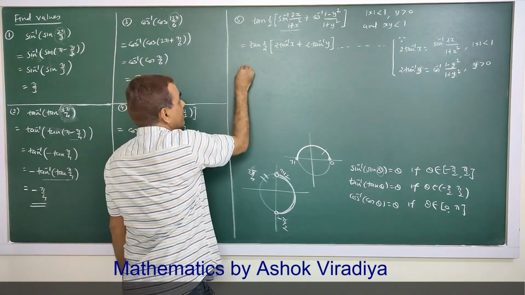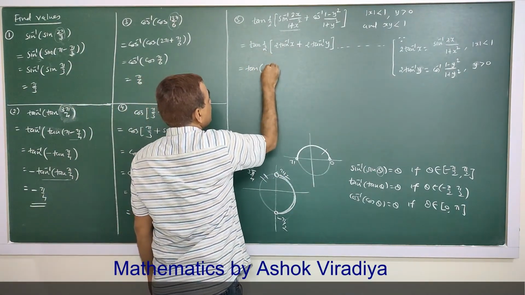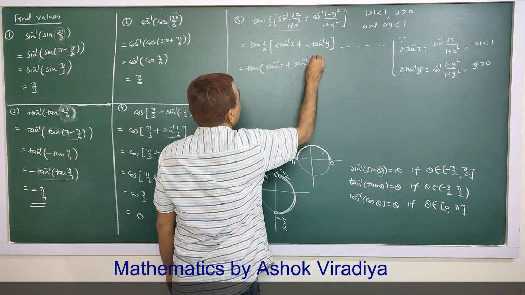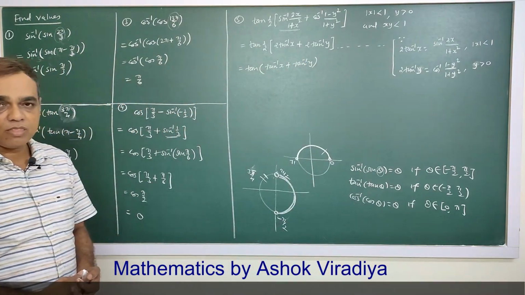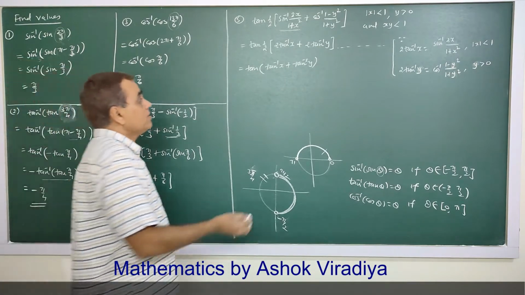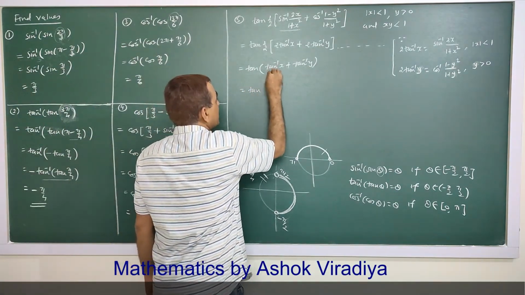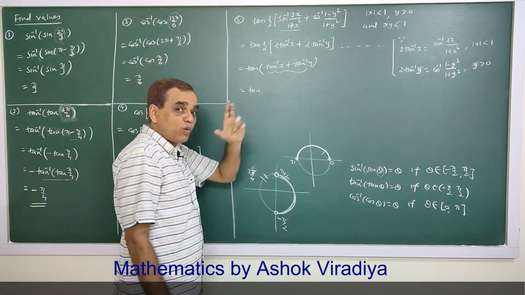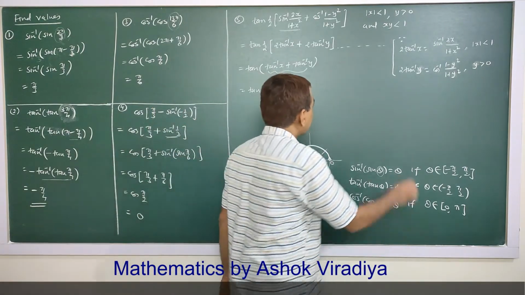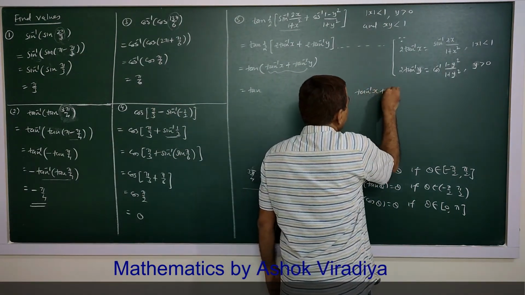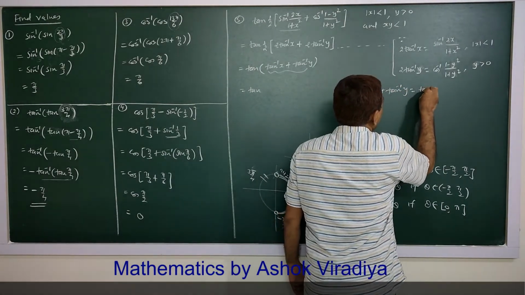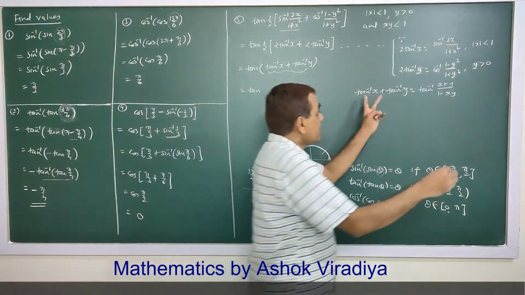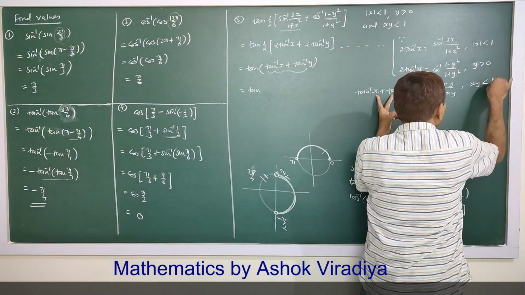Now multiplying 1 by 2 inside, tan of 1 by 2 into this number is tan inverse x plus 1 by 2 into this number is tan inverse y. Now here inside we apply the formula for tan inverse x plus tan inverse y. We have one more result, tan inverse x plus tan inverse y is tan inverse of x plus y upon 1 minus xy if xy is less than 1.